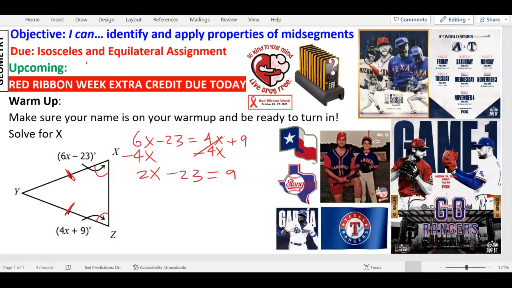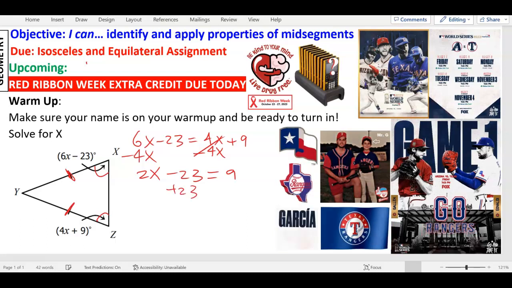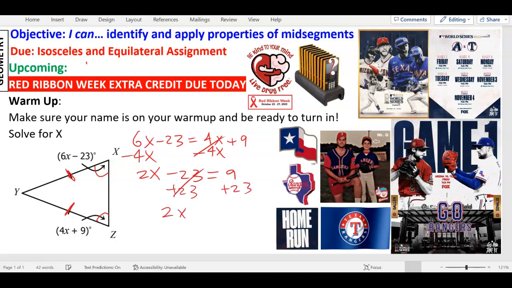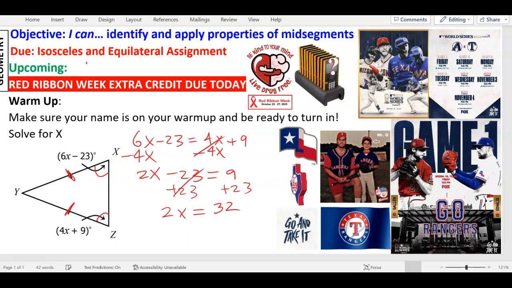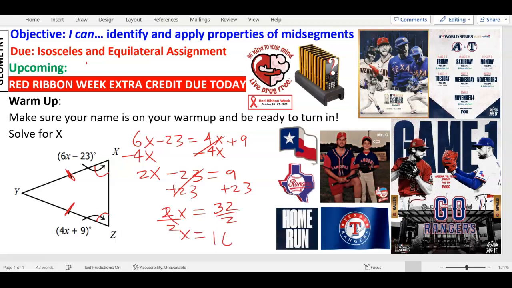The opposite is plus 23, plus 23. 2x equals 9 plus 23, which is 32. And then to get rid of that 2, divide. X is 16, half of 32.